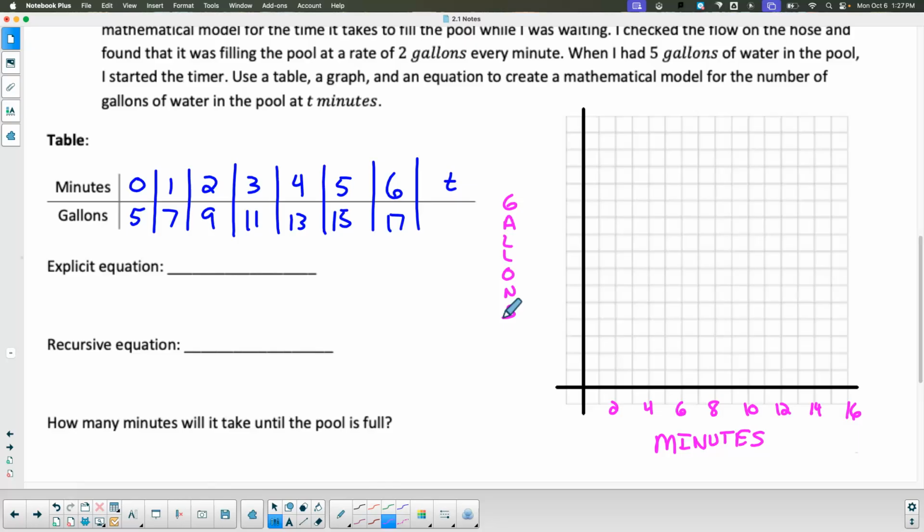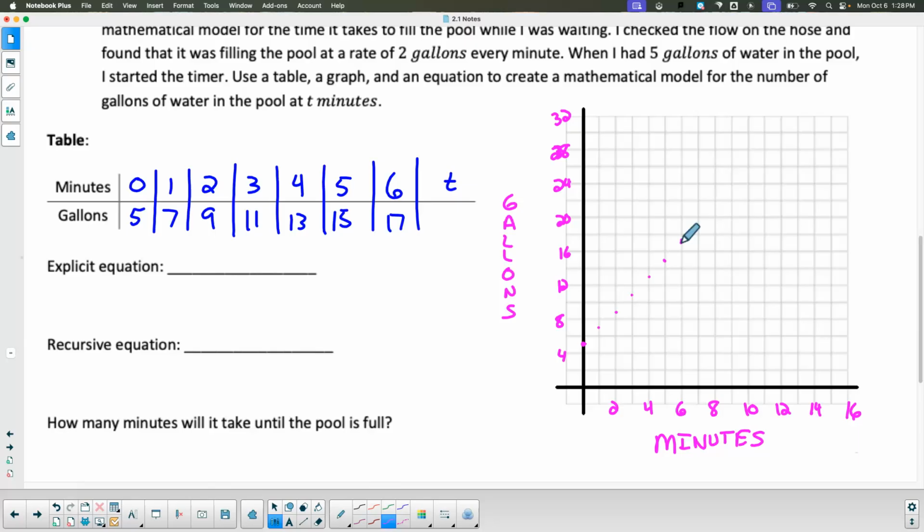Twos probably? Okay, that's fine. 4, 8, 12, 16, 20. So at 0, we're at 5. At 1, we're at 7. We stopped at 6, but we're still filling, right? So we could keep going on and on, just like in the last one. We could have kept going and filled that one up.